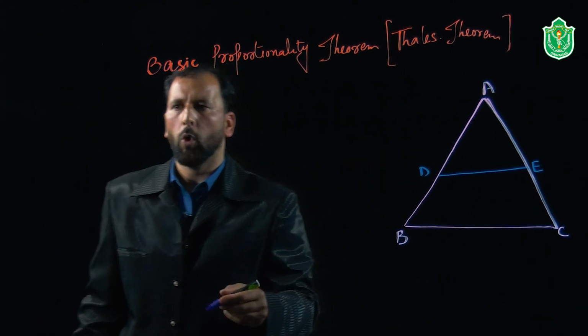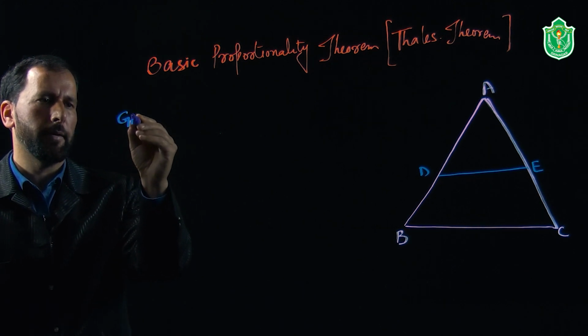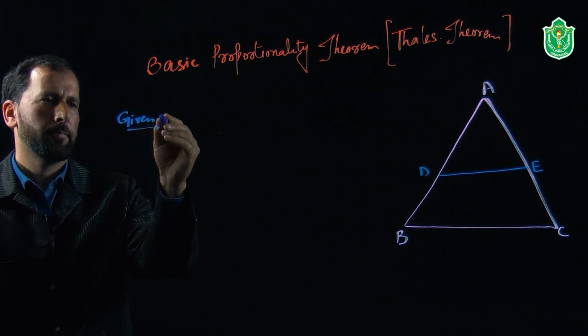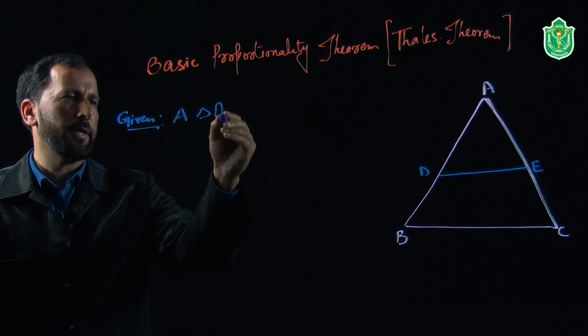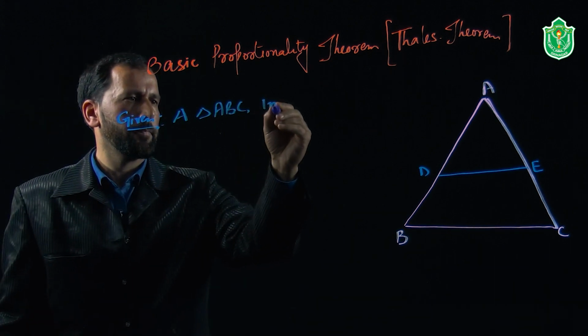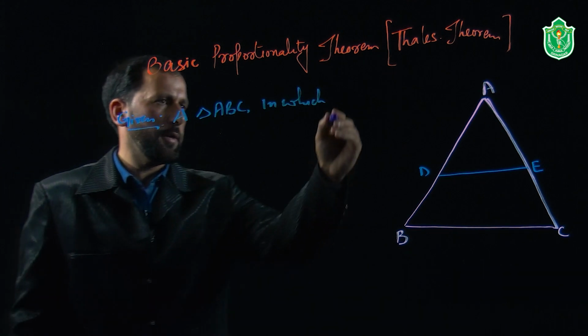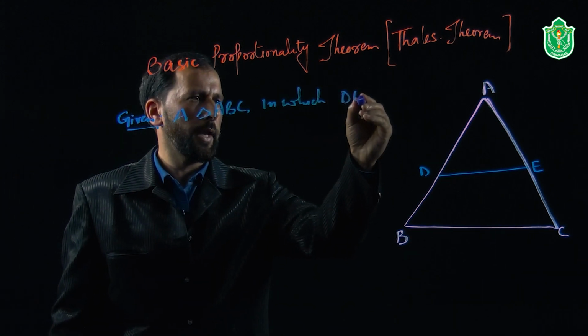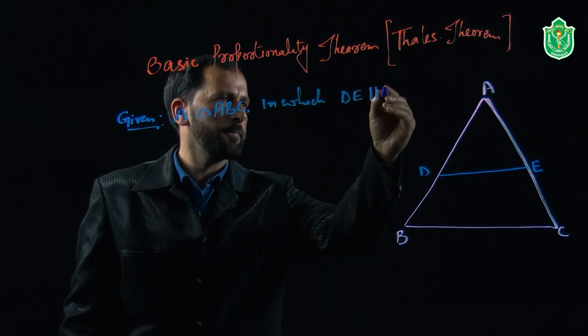First of all, what is given here? Given a triangle ABC in which DE is parallel to BC.